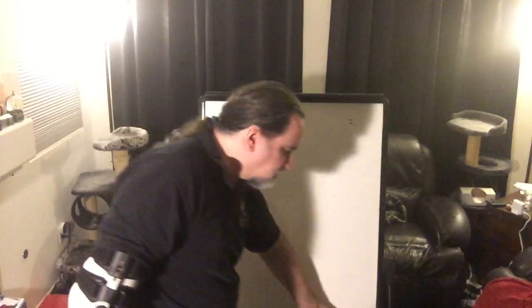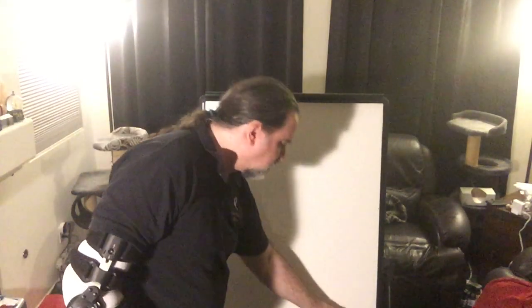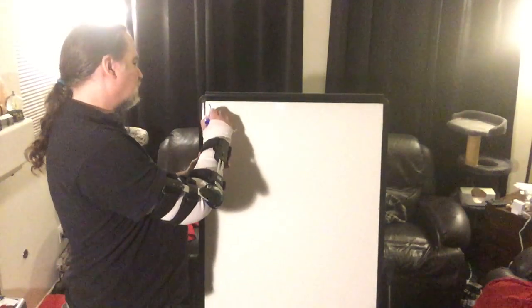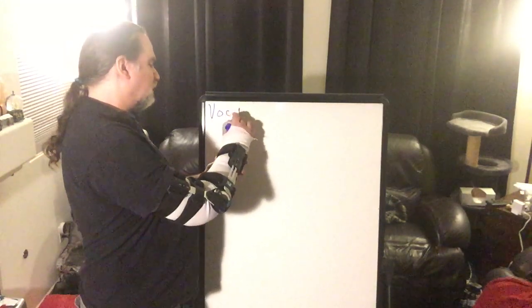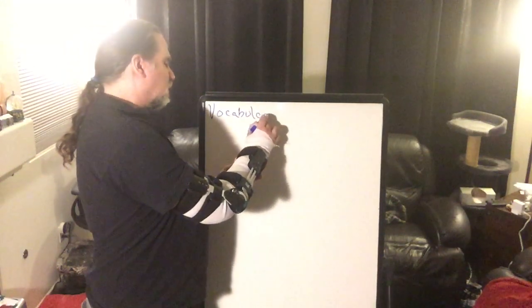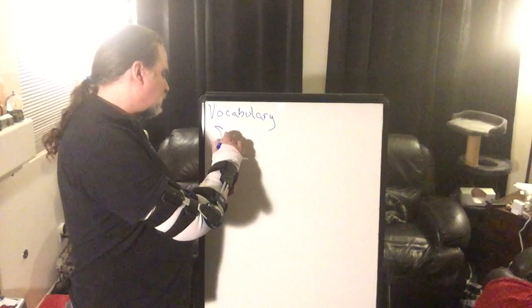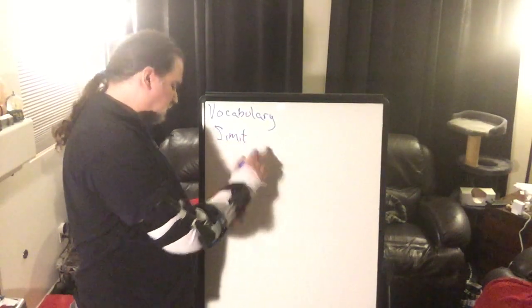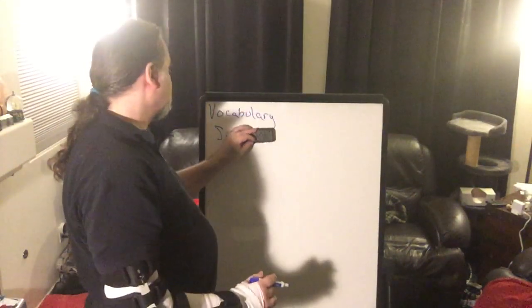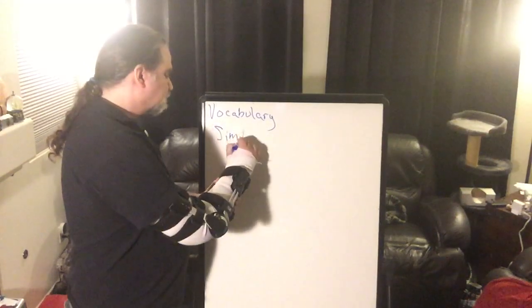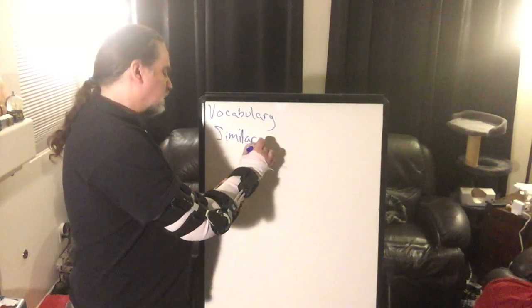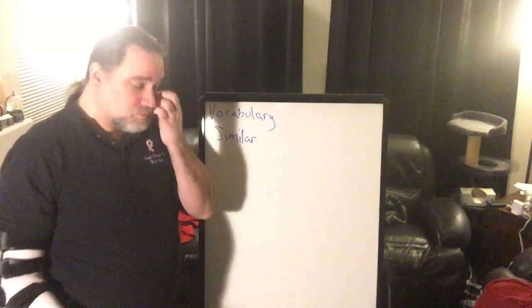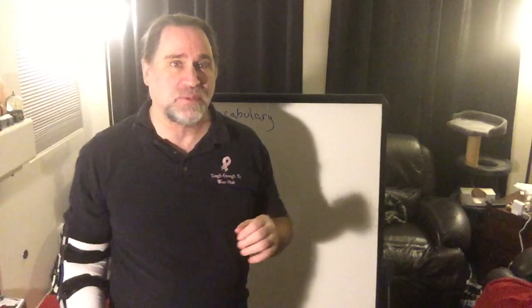So let's start with what do I mean when I say similar. So again, we're going to talk about vocabulary, and when I say similar, we're always going to be talking about shapes. And this is definitely, whoops, not a T, similar. It's supposed to be an L. It is specifically talking about shapes.